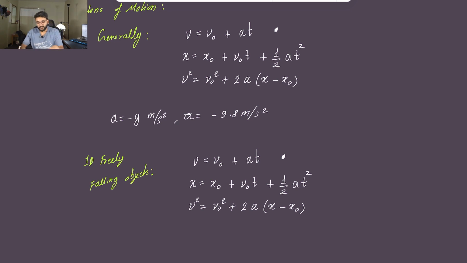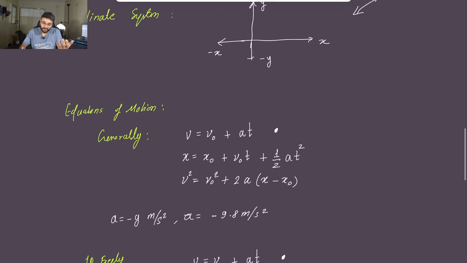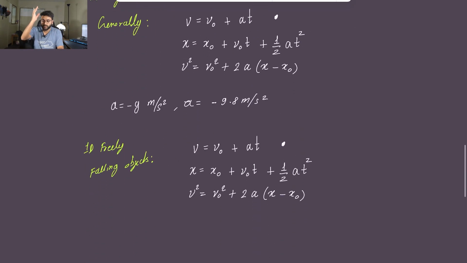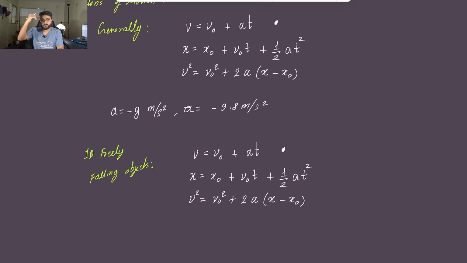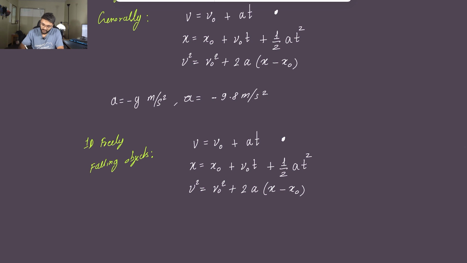Actually, it's not just 1D. Whenever there are freely falling objects, or when you have taken this coordinate system to be plus y in the upper direction and minus y in the downward direction, then you will always have a equal to minus g. That means I just erase a wherever it appears, with its sign, and I use minus g. So that will be minus half g t squared, and this will be minus 2g times x minus x naught. And there will be one other difference.